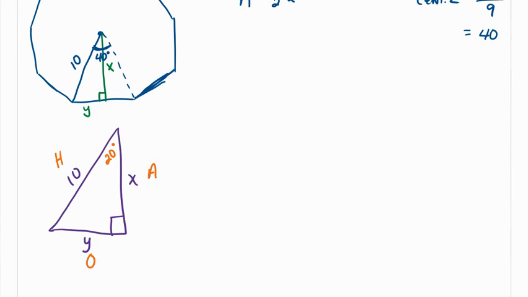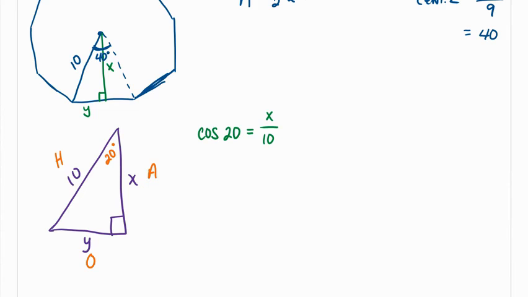Let's say I want to solve for x first. That's my a, and I know h. So if I have a and h, which trig function am I going to use? That'd be cosine, so SOHCAHTOA, right? So I'm going to do cosine of 20 degrees would be equal to my adjacent, which is x, over hypotenuse, which is 10.